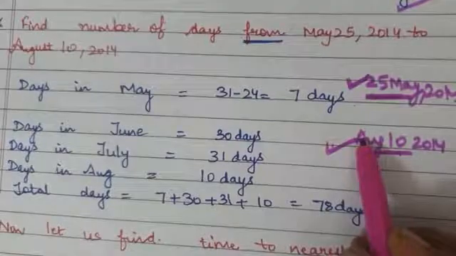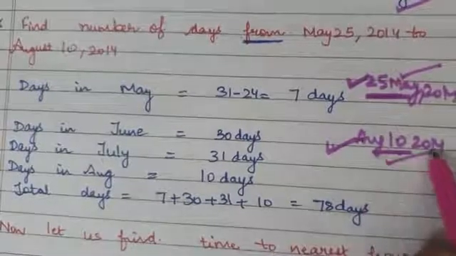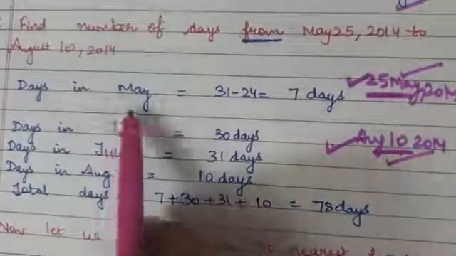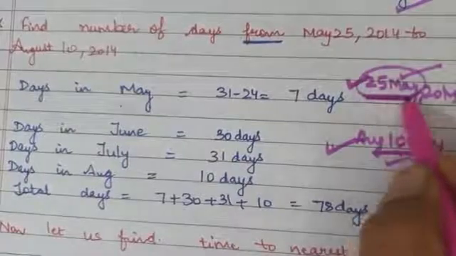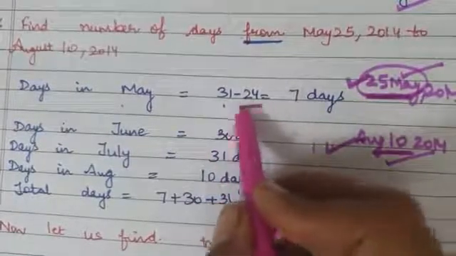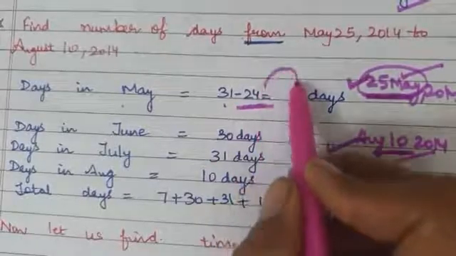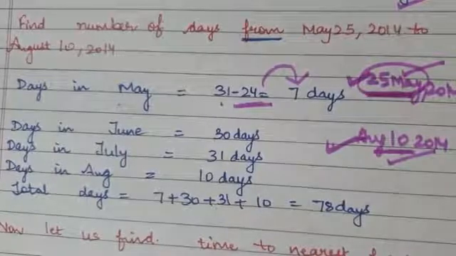Now we have to find the days from here to there. Now the days in May, see this day is also included, so we will subtract 31 minus 24. How many days did we get? 7 days in the month of May.